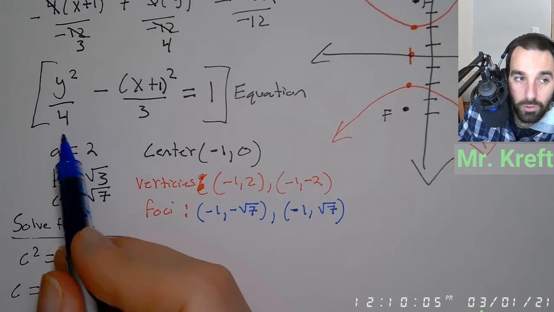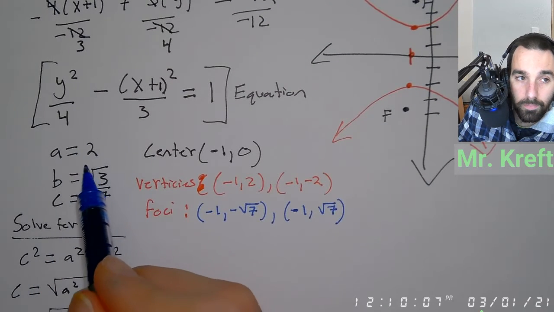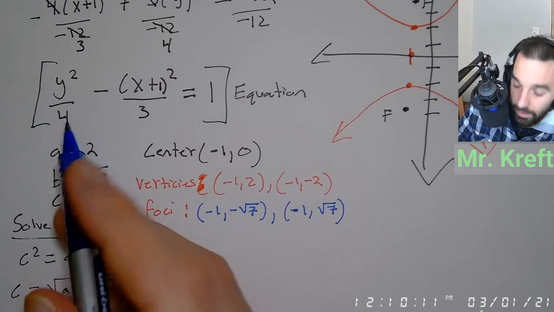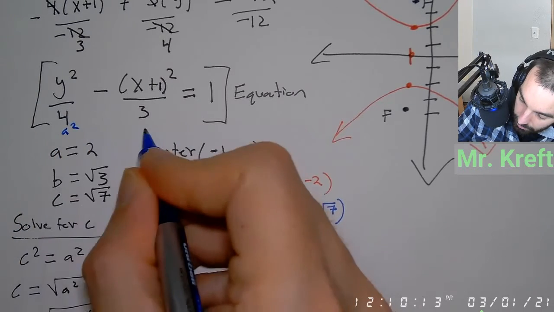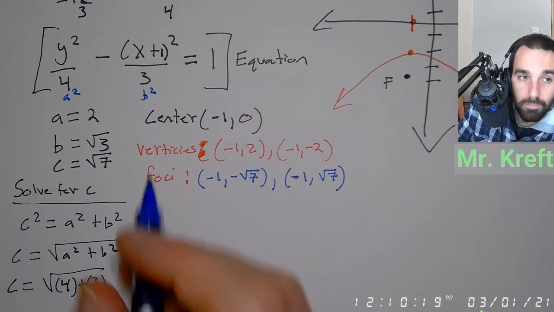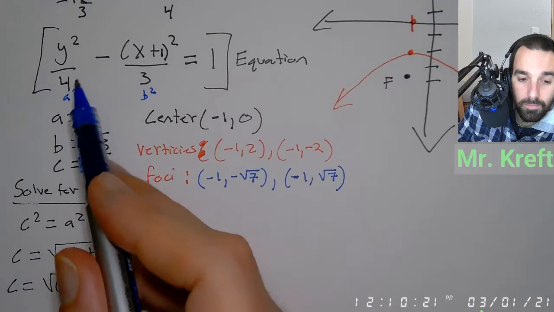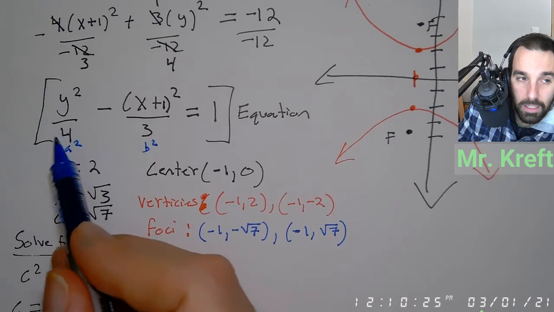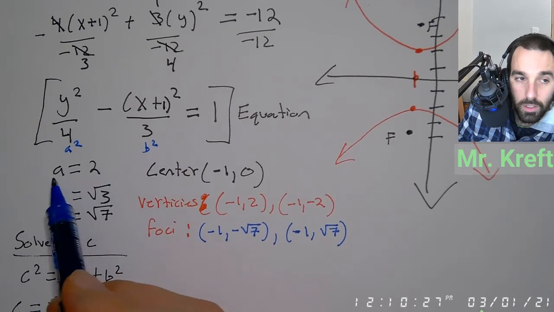So be careful. This is already squared. My a is 2, so 2 squared is 4. So this is a squared right here, and this is b squared. So my a squared is 4. Right? So in the equation, this is my a squared, this is my b squared.